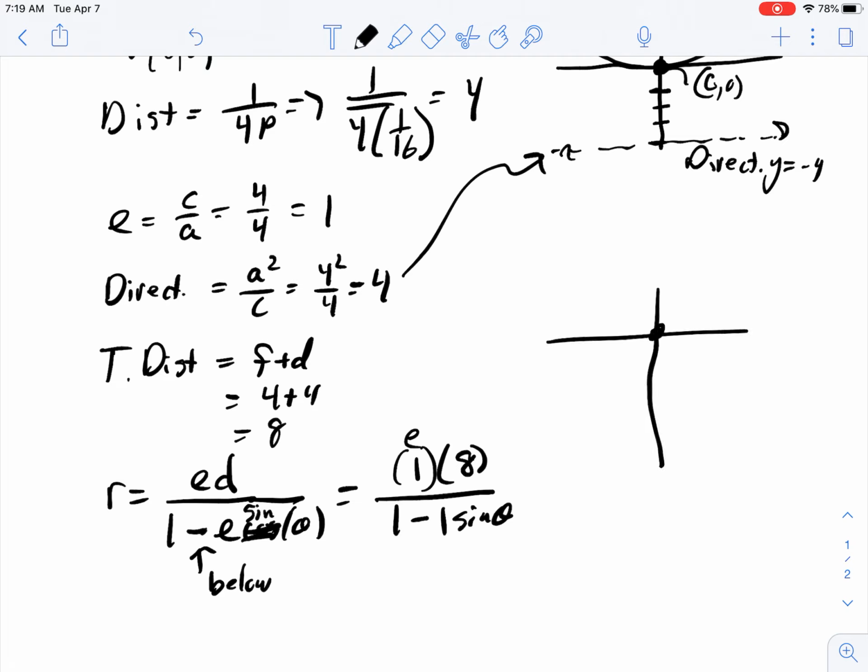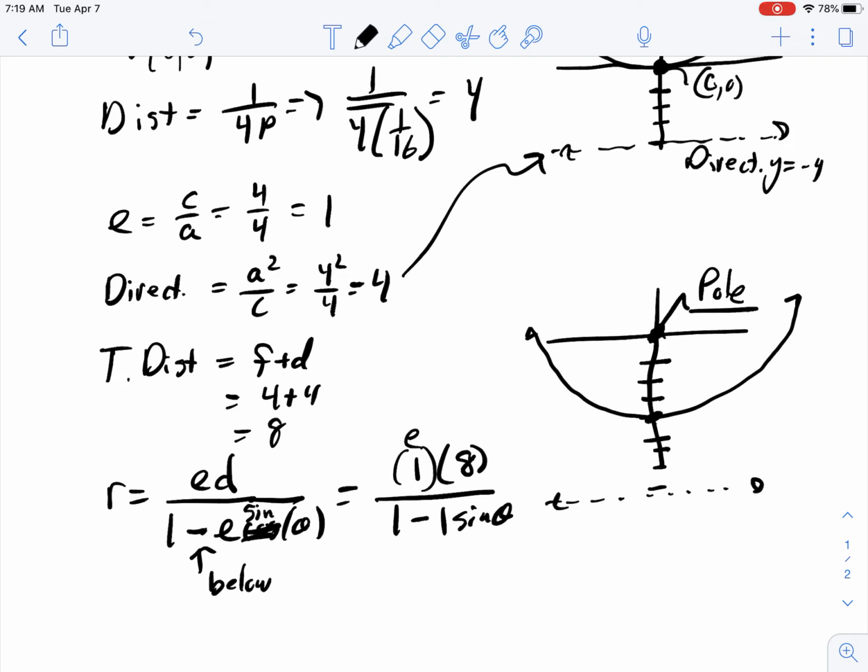Now, keep in mind how this gets graphed: this is your pole. So you go 2, 3, 4. Now you're graphing from this pole, so it's going to be like so. And then your directrix is going to be 4 units below that: 1, 2, 3, 4.